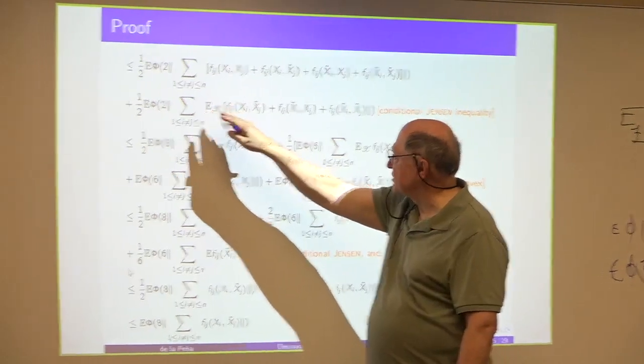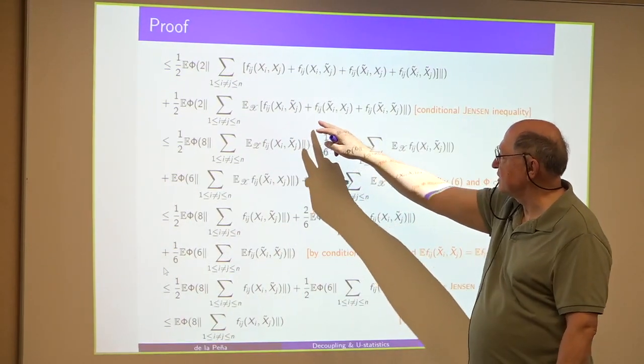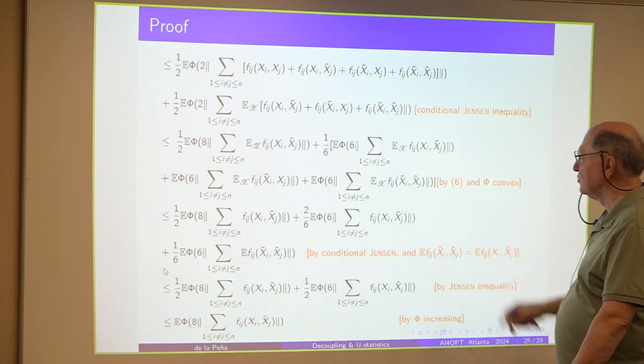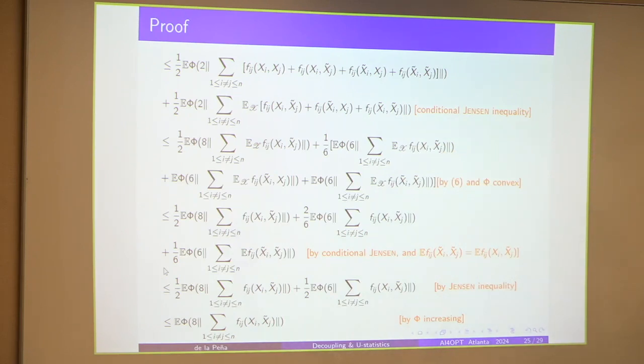And what I end up with is just the sum of f of phi xj tilde and so forth, which is basically, I replace the sigma field.